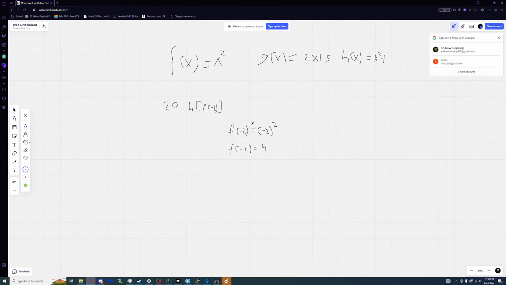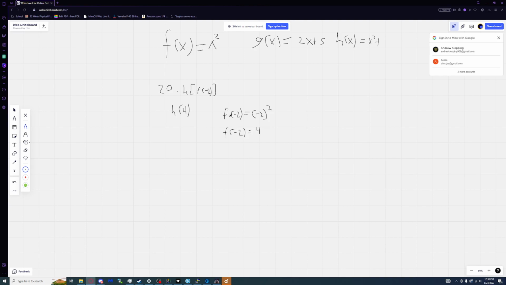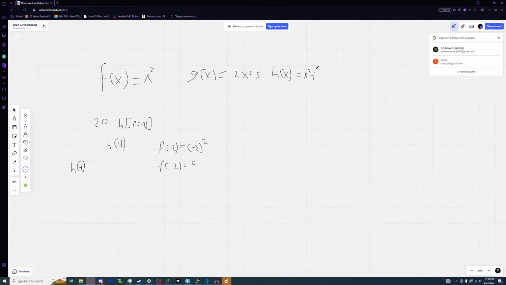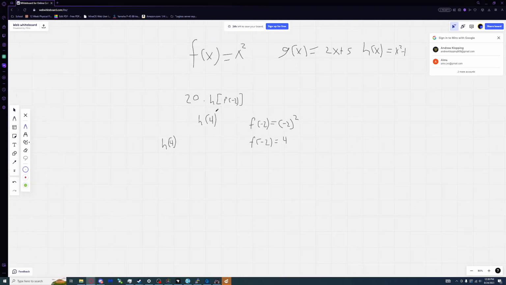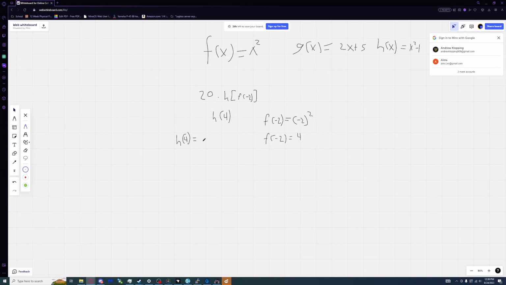Now, we just plug that in to h of f of -2. So we know that f of -2 is now 4. So h of f of -2 is really just h of 4. So now we have to find h of 4. Given the function h of x is equal to x squared minus 1, h of 4 is equal to 4 squared minus 1.